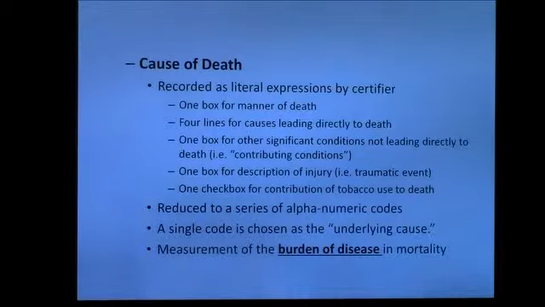And oddly enough, they're called contributing conditions. Then we have a box for a description of the injury, if there is an injury, and a checkbox for the contribution of tobacco use to the death. The physician is asked if tobacco use contributed to the death, and he can say yes, no, probably, or I don't know.